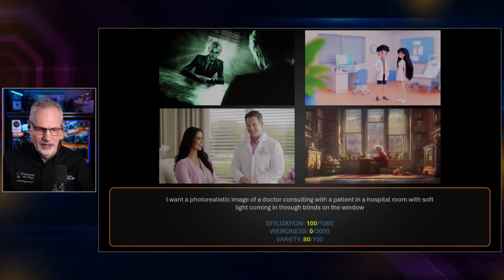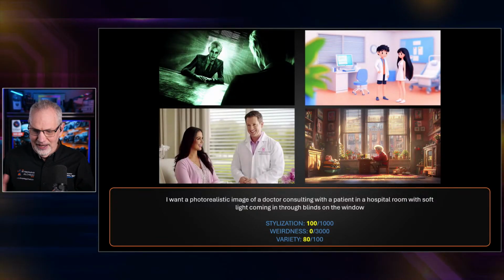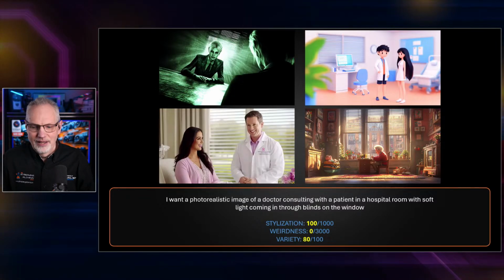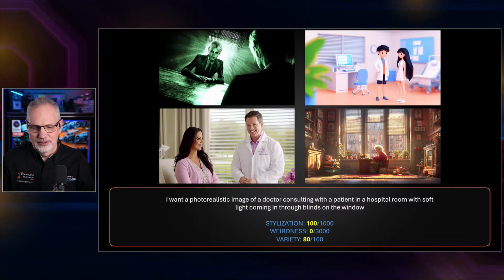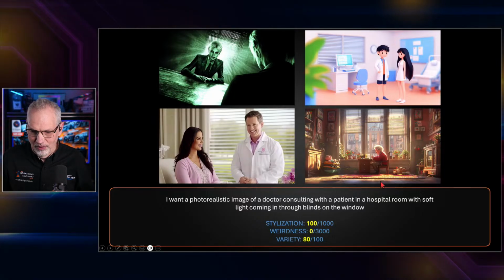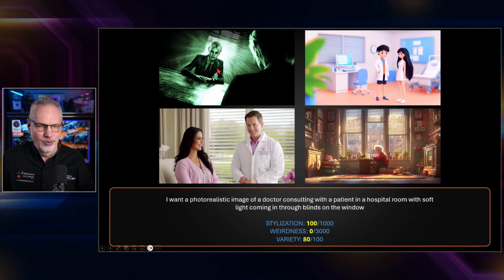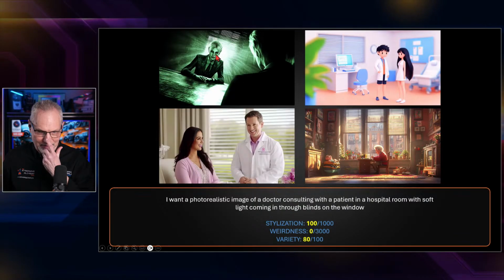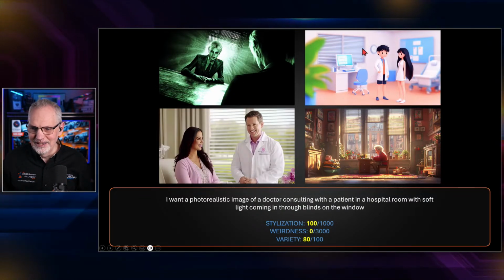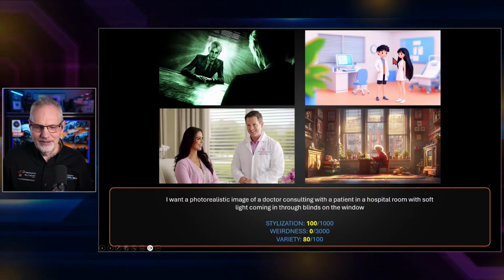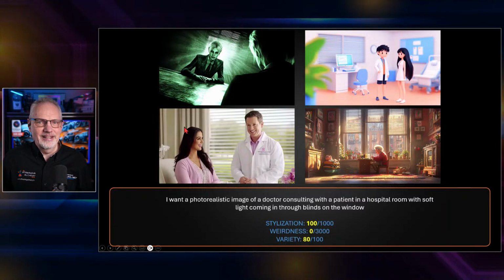So the last thing is variety. In the variety setting, I set it at 80 out of 100. This gives you a really good sense of what variety does. It's taking what I have here and giving me something that looks almost like a comic book image at a bit of a Dutch angle with two people. This gives me sort of an anime 3D style. This is a very classic thing.